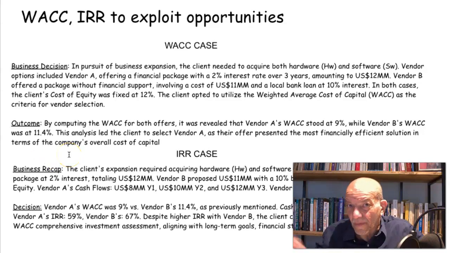Then they additionally analyzed the impact that those technologies were going to have on their cash flow. Those technologies were going to impact the cash flow that they had, and it was going to be improved in such and such a way. So we had $8, $10, and $12 million cash flow for the next 3 years.